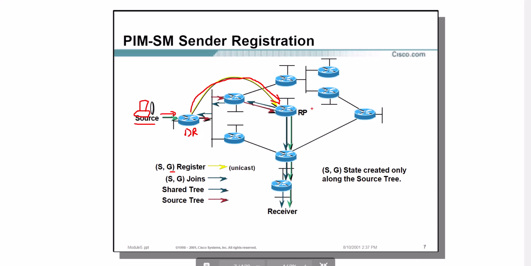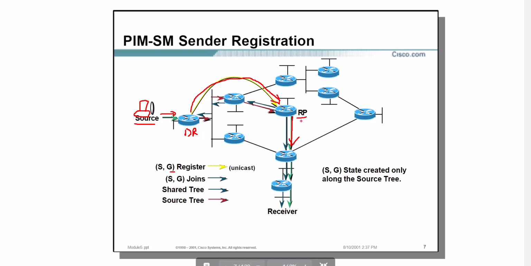It's not really a tunnel, it's just encapsulated into unicast traffic. So when this rendezvous point receives this traffic, it does two things, right? First thing it does, it decapsulates the multicast traffic from this source and sends it down the line. Whoever is subscribed for this multicast group G, it will just serve this.